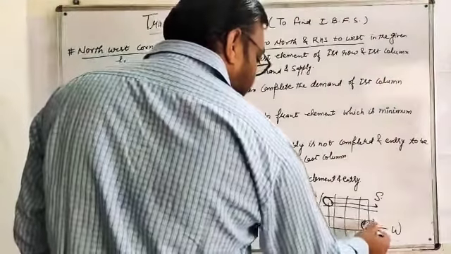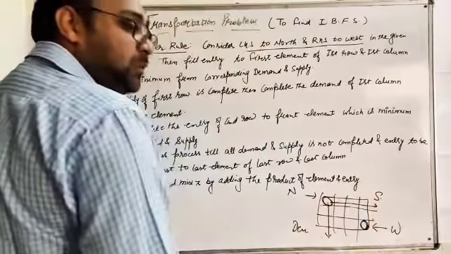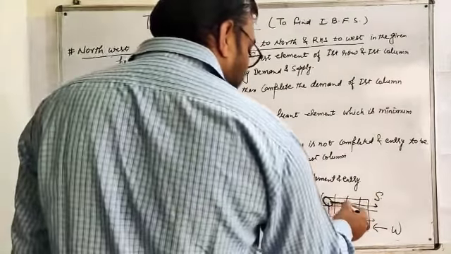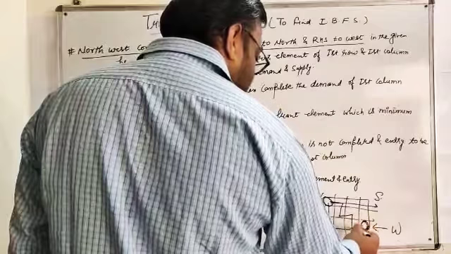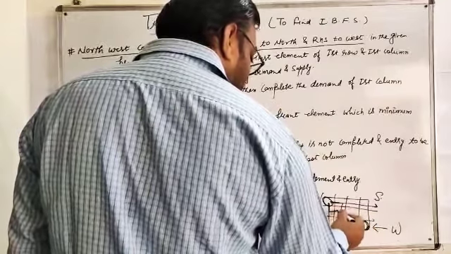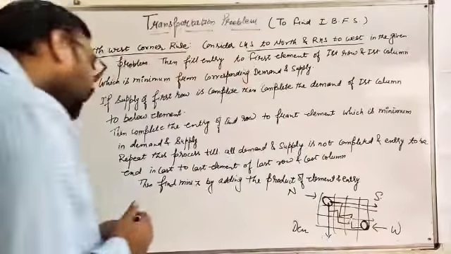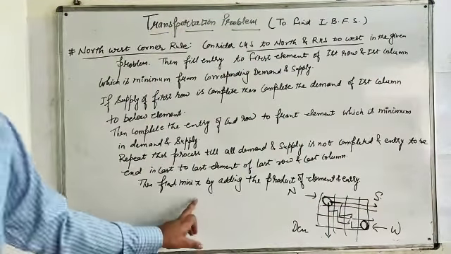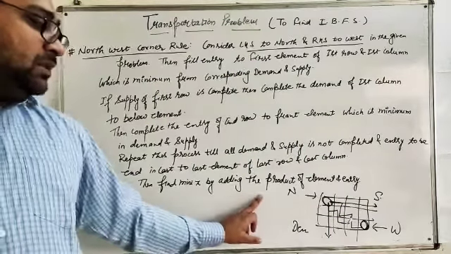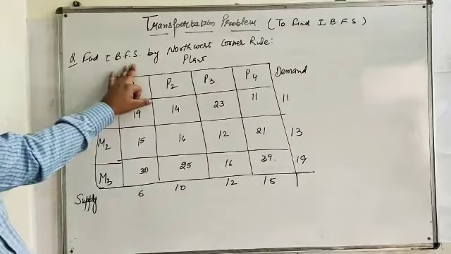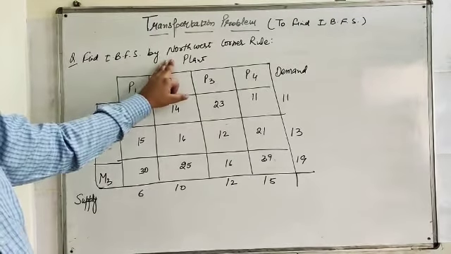That is, we have to fill the entry in this particular element, moving in either this pattern or this pattern. After that we find the minimum Z by adding the products of the elements and entries, which gives the IBFS, initial basic feasible solution, by the northwest corner rule.